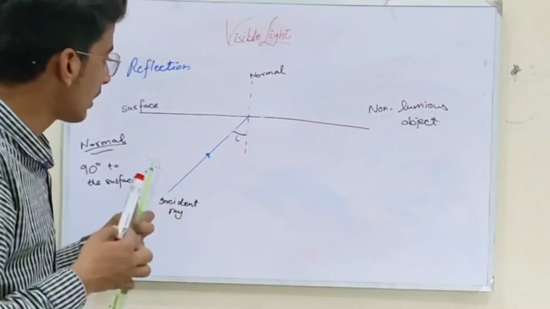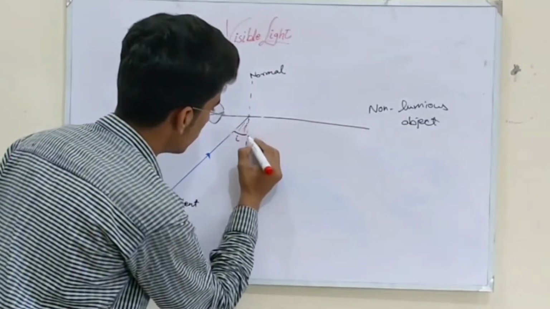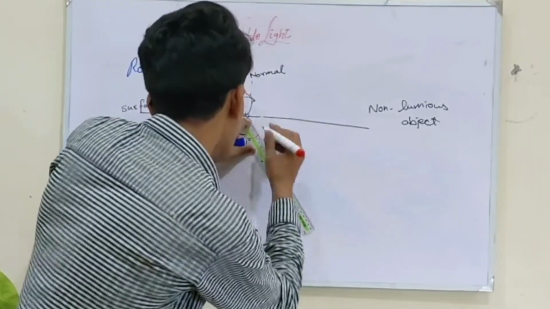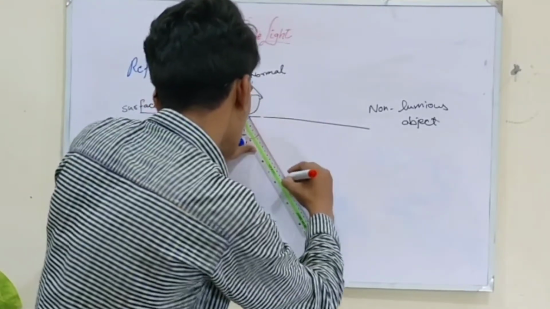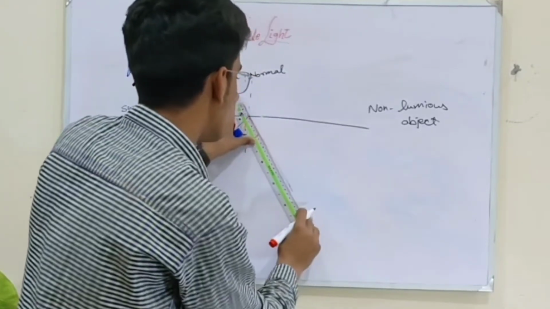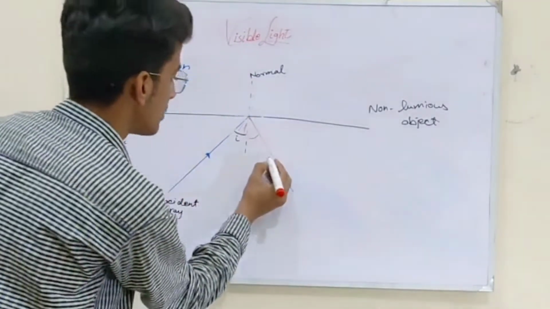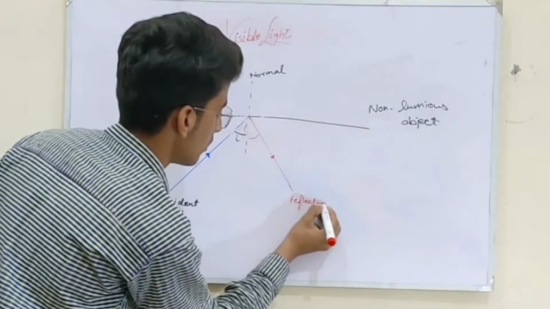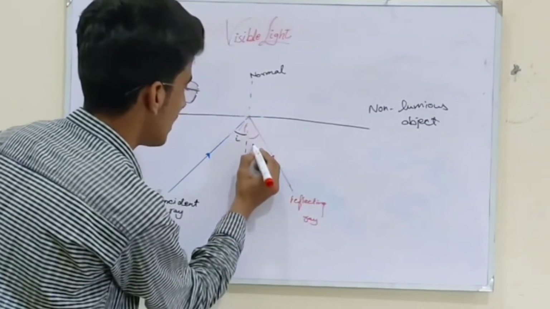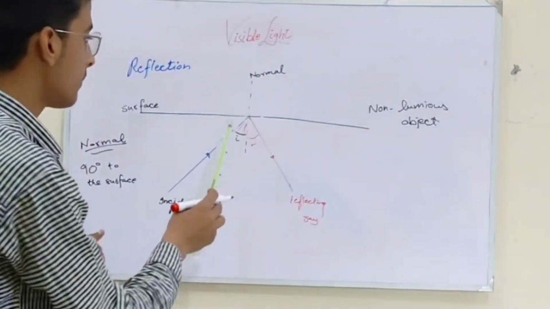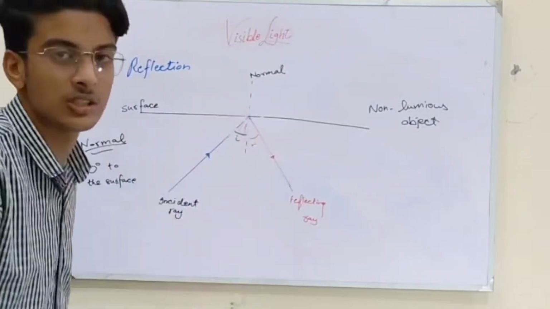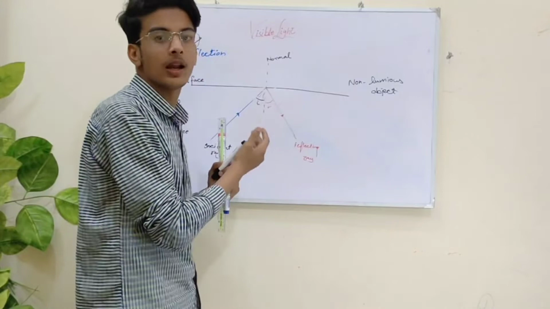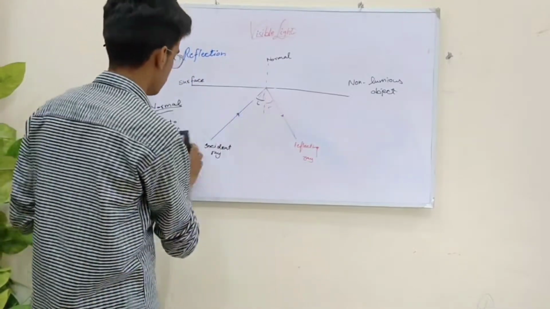You take as much of this angle here and draw a reflecting ray. This is reflection. We'll talk about regular reflection and irregular reflection.